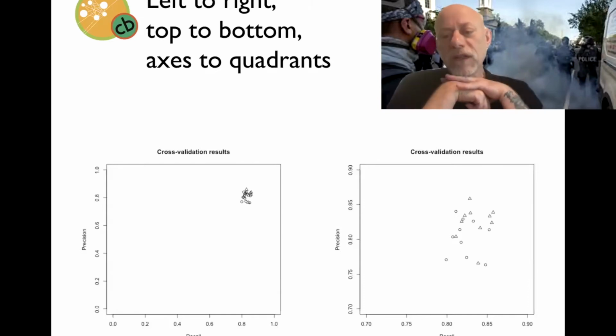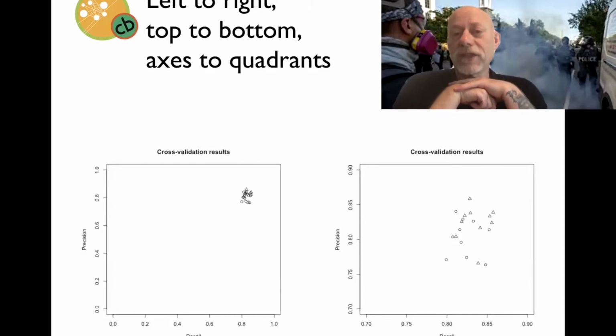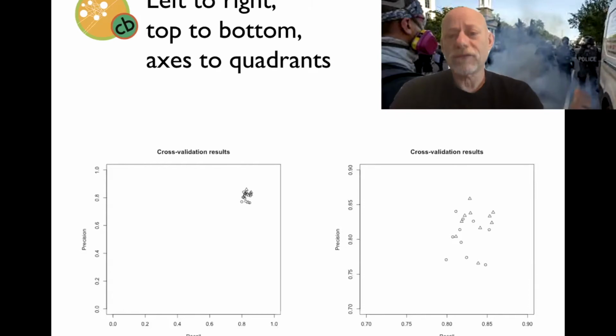Well, by truncating the axes in the graph on the right, I've made it seem as if there's a pretty good separation. You see here a little bit of overlap between the open circles and the open triangles, but not very much. An author who is using the graph on the right is hoping that you will accept that there actually is a performance difference between these two systems, maybe a difference in the means.